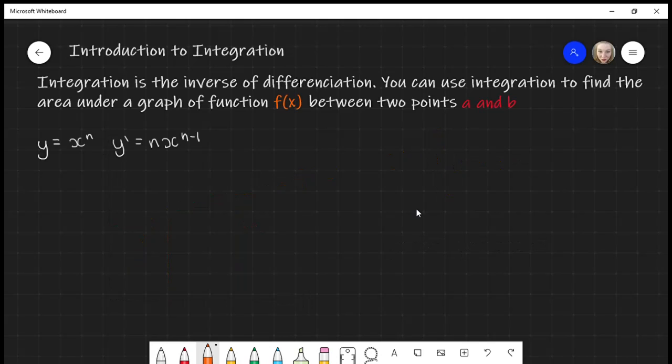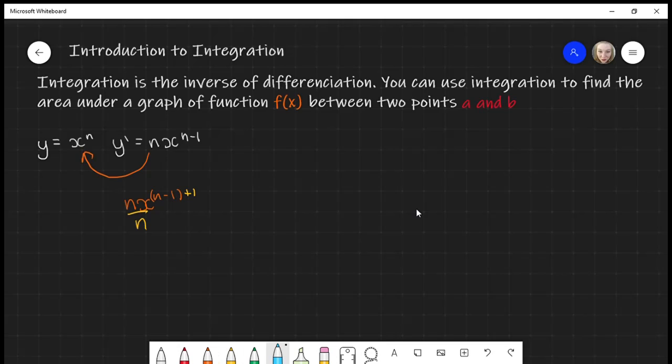I'm going to write out n x to the n minus 1 again. If we want to get back to x to the n, basically reverse the process. To get back to the power n, we need to add 1 to the power. And to get rid of the factor n in front of the x, we need to divide by n. And that should get us back to x to the n.